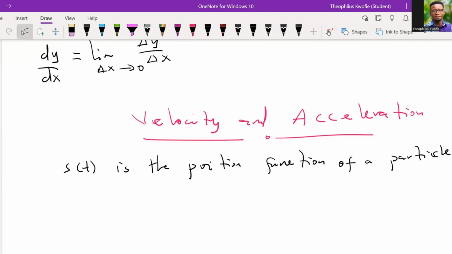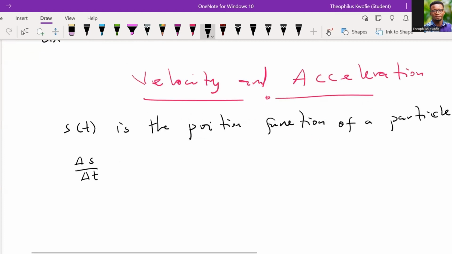Then the change in such a position function over time, with respect to the change in time, represents the average velocity over the time period, which is change in t. In that case, our velocity is equal to change in x over change in t.